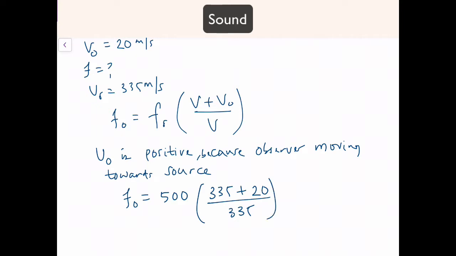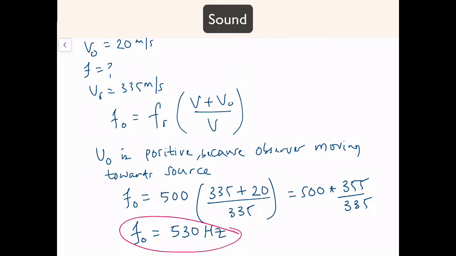If you simplify this, then you will have 500 multiplied by 355 divided by 335. Then the frequency heard by the observer will be approximately 530 Hertz. Okay, everything in SI unit, then your final answer will also be in SI unit.